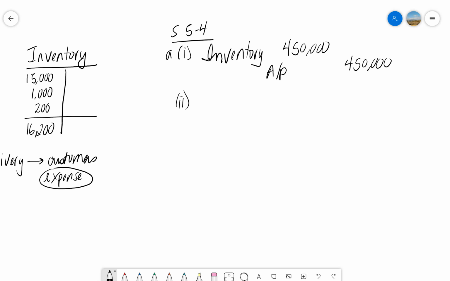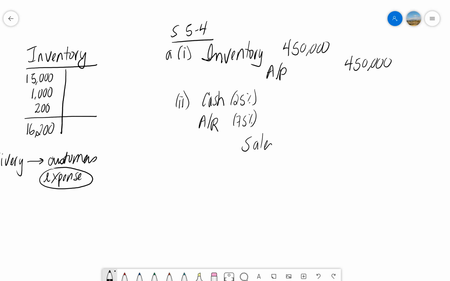Now, the sales totaled $800,000 and 75% were on credit. So we know that of the sales, we collected some in cash. We collected 25% of the total sales in cash. 75% were on credit. That would be our accounts receivable.